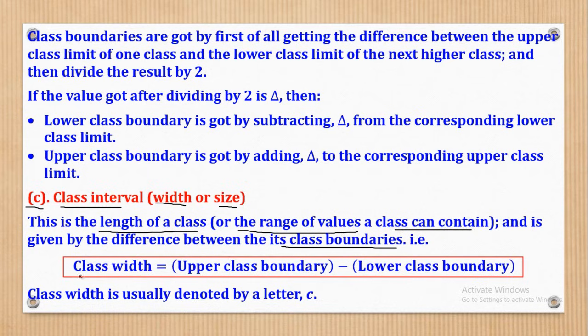So this is the formula to get class width: class width is equal to upper class boundary minus lower class boundary. This class width is denoted by the letter c. In your O-level you denoted it by the letter I to mean class interval, but in this video we shall be using small c to denote the class width.